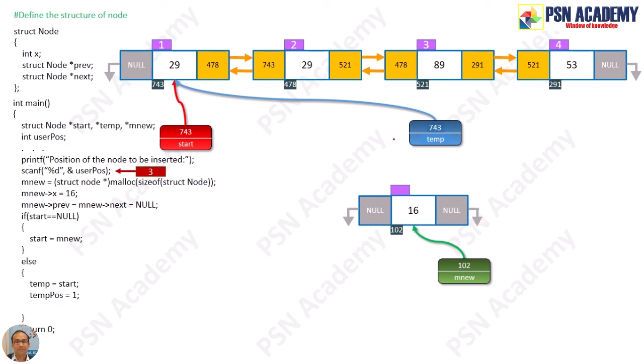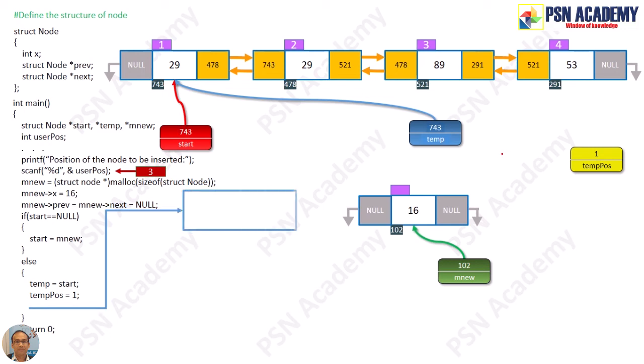Why? Because we have to keep track of the temp's position in the list. Now, since temp is pointing to 743, which is the first node in the list, the temp pos, that is the position of the temp, is 1. So, we take a variable temp pos which is carrying the value 1 here.